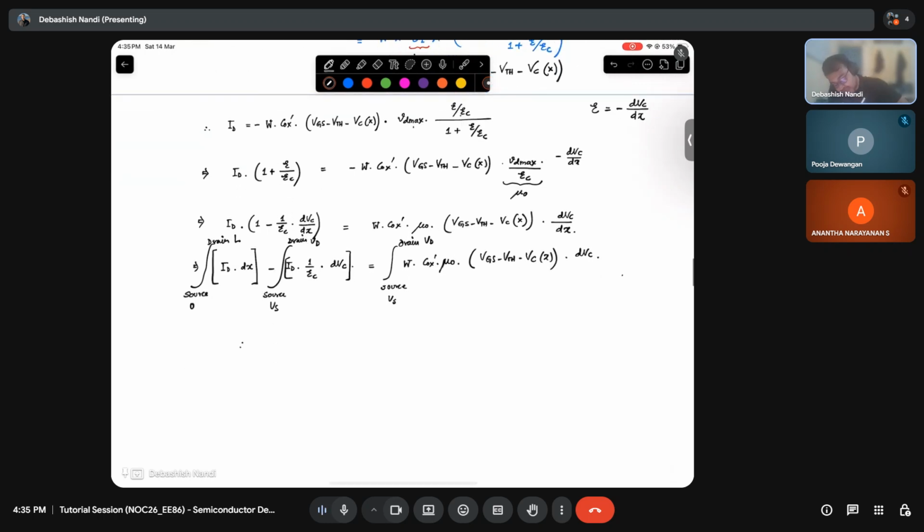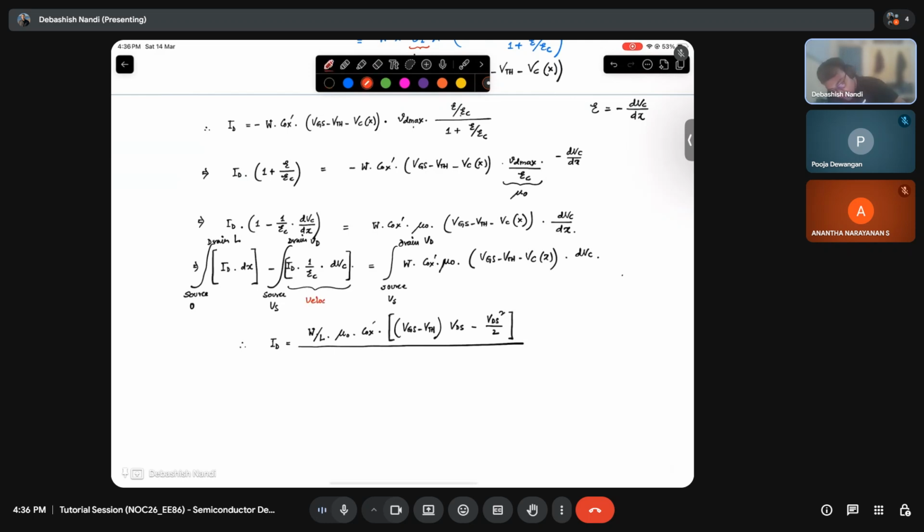So if you simplify and solve it, your ID will be W by L mu 0 Cox times VGS minus VTH minus VDS by 2, times VDS, divided by this entire thing that is due to the VSAT part, right?